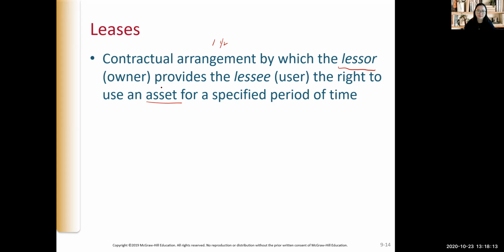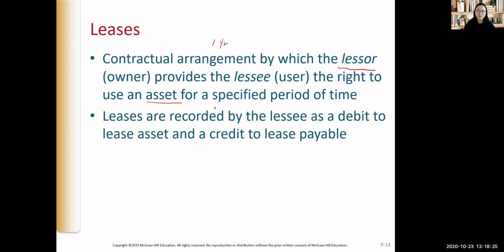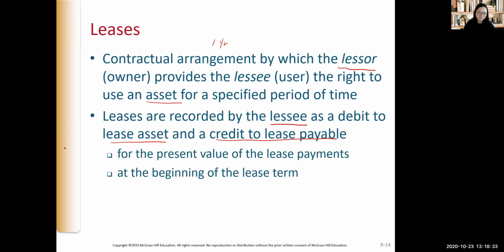So that's a lease. And it doesn't have to be rent. It can also be leasing equipment or leasing a warehouse, all kinds of lease agreements. So leases are recorded by the lessee as a debit to lease asset and a credit to lease payable. Basically, you debit lease asset and credit lease payable.